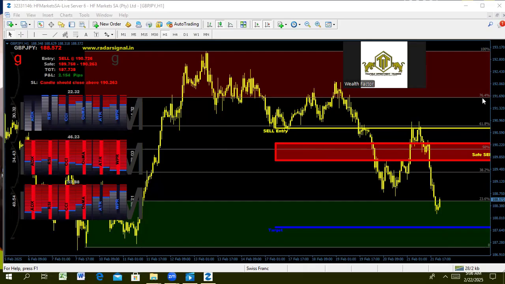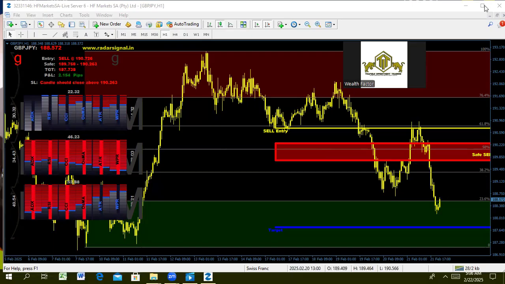If it's at 76.4 or 100%, it's not a good trade. Make sure that it's above 61.8% or below 61.8% for you to sell, right? If it's above 38.2% or below 38.2%, that is where we are going to do what? That is where we're going to look for buy opportunities.